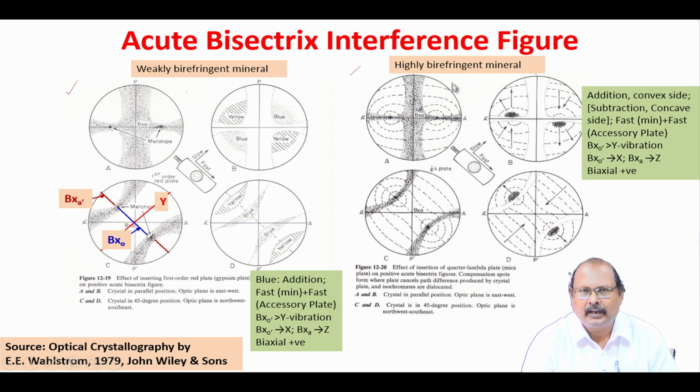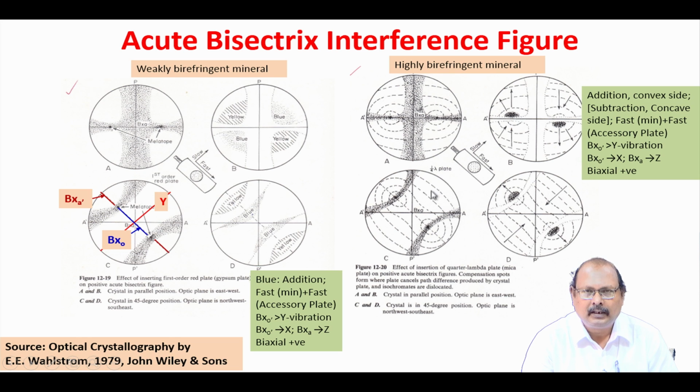Now, let us have a look at this particular mineral, which is also a biaxial mineral, a highly birefringent biaxial mineral. In the 45-degree position, here also the trace of the optic axial plane is northwest southeast, and this is the direction of the Bx vibration direction, and this is your y vibration direction.